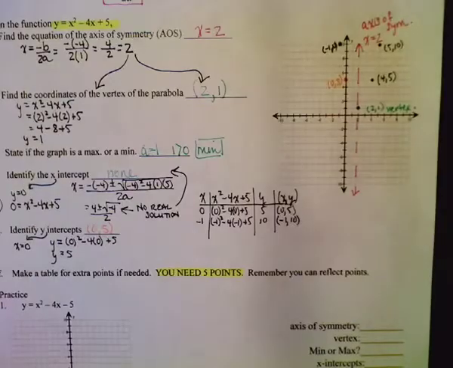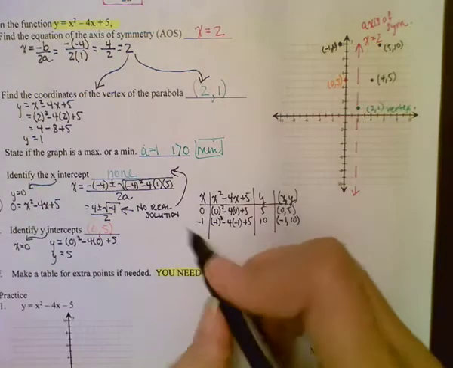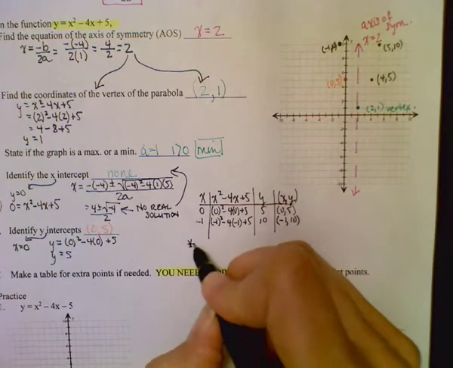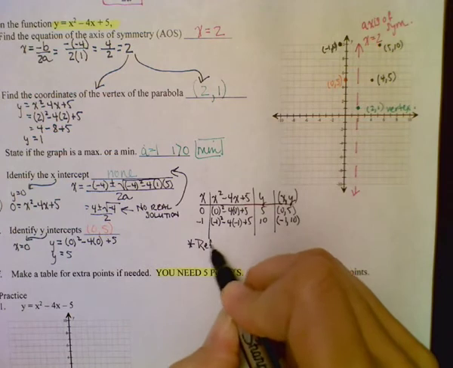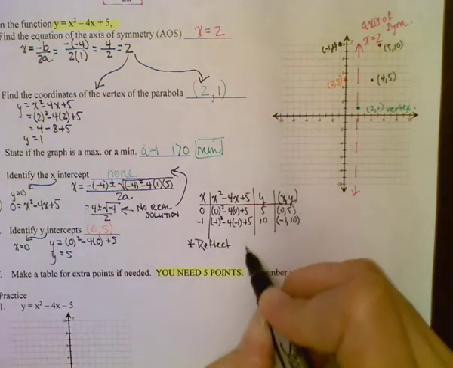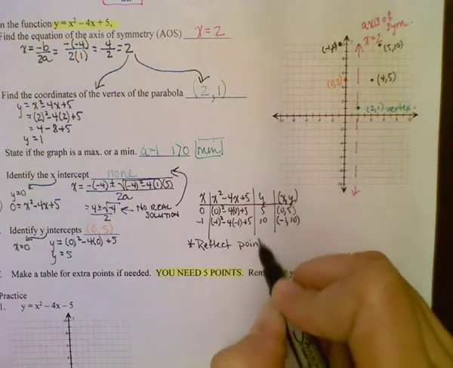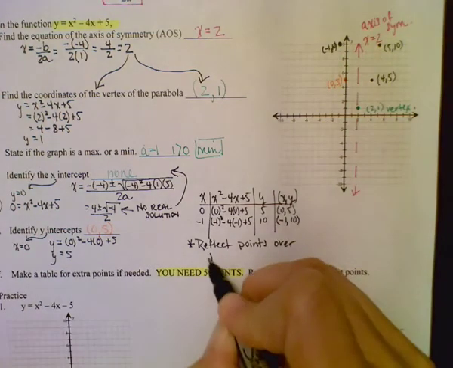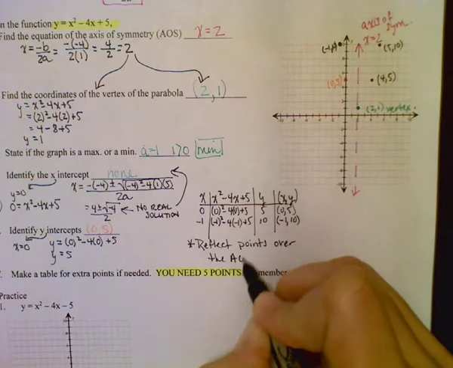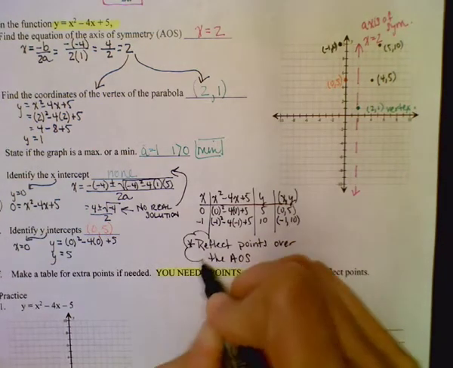So let's make ourselves a little reminder note here, that to get extra points, to get those 5 points, we can reflect our points over the axis of symmetry.